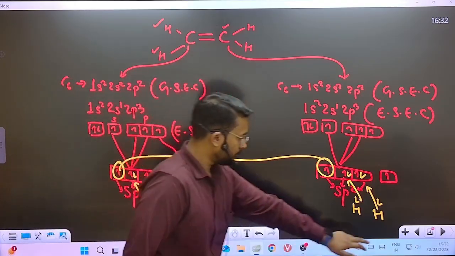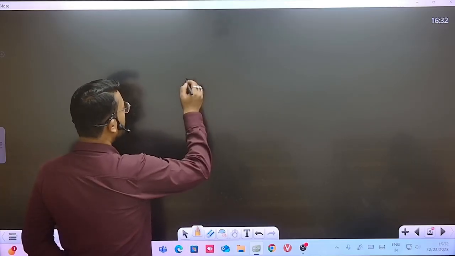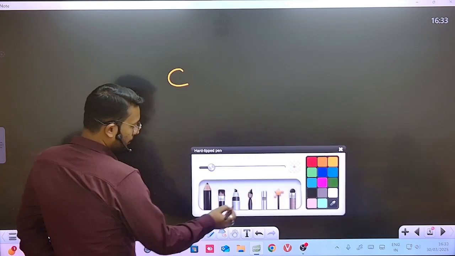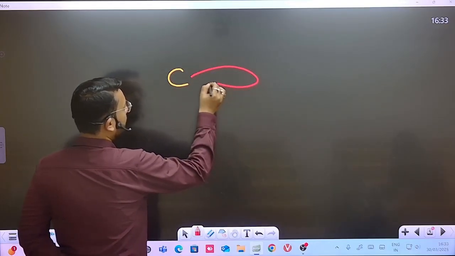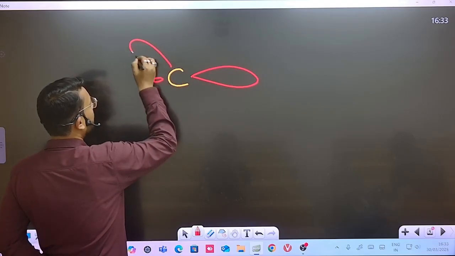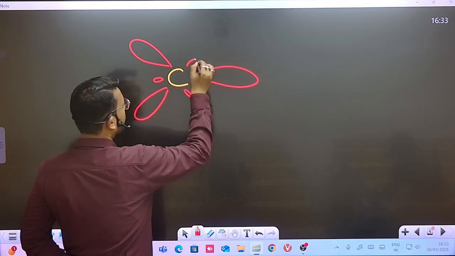Next, if I see the structure, this carbon has 3 hybrid orbitals. This is the first, this is the second, and this is the third.